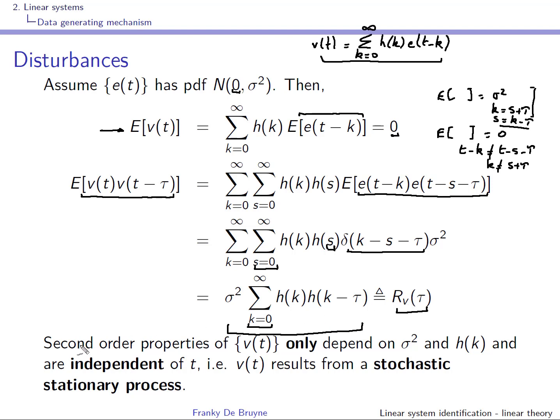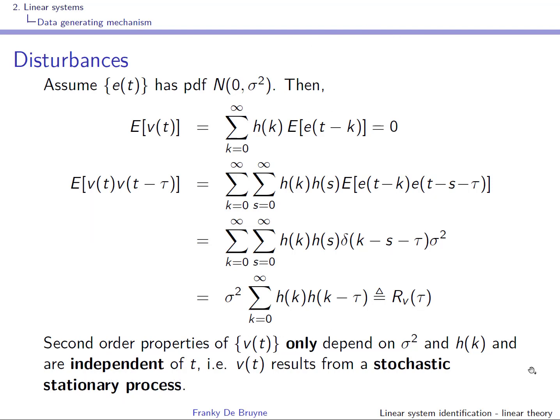So we see that the second order properties of v of t only depend on sigma square and the impulse response of the noise model. And you can see here that these second order properties are independent of time. So we speak of a stationary stochastic process. This means really that the second order properties are independent of time.